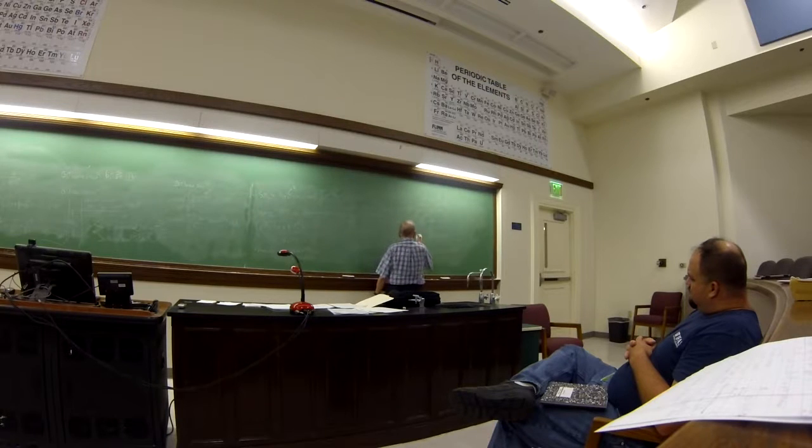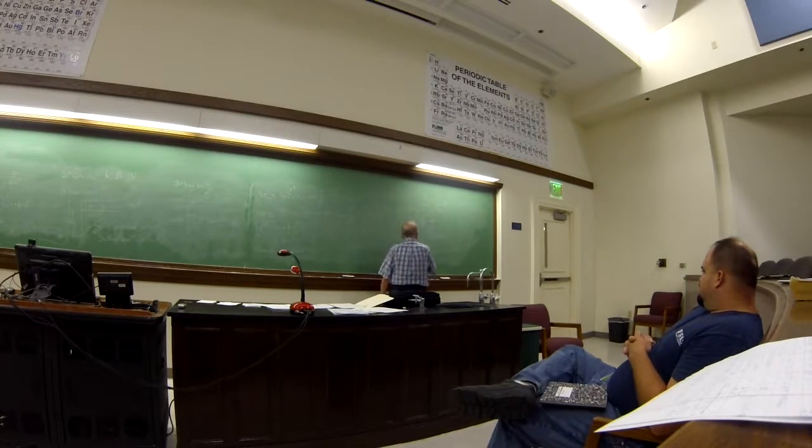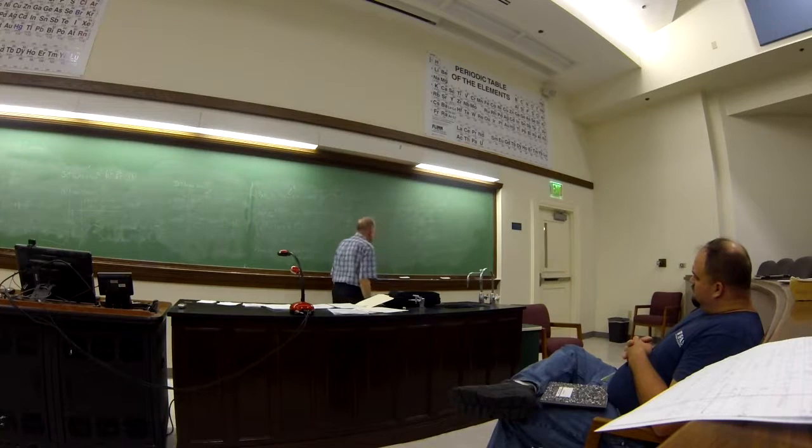Take out the constant terms, c to the 6 over kT, and we have the integral from sigma to infinity of r to the minus 4 dr. And that's looking more manageable.